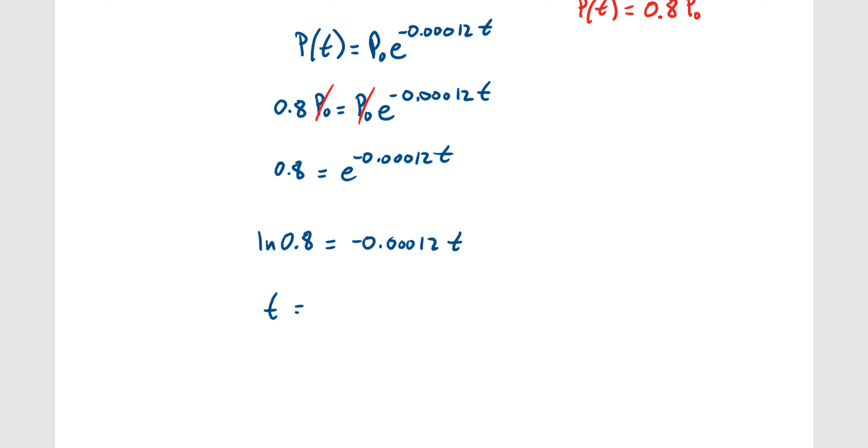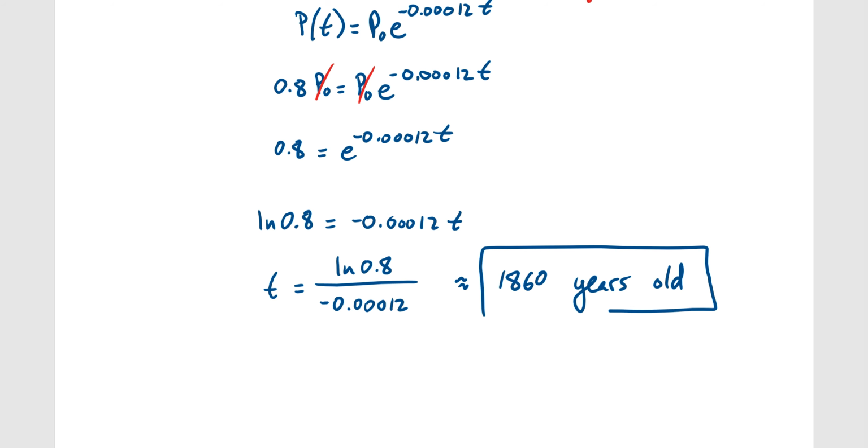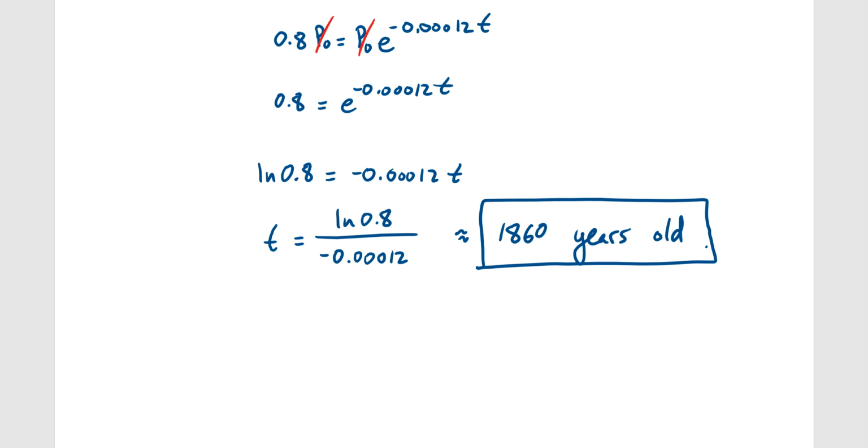Divide both sides by that negative number, ln of 0.8 divided by negative 0.00012, and plug that in the calculator, and we get about 1,860 years old. So that is the approximate age of that parchment from this question. Okay, so that is it for this section.